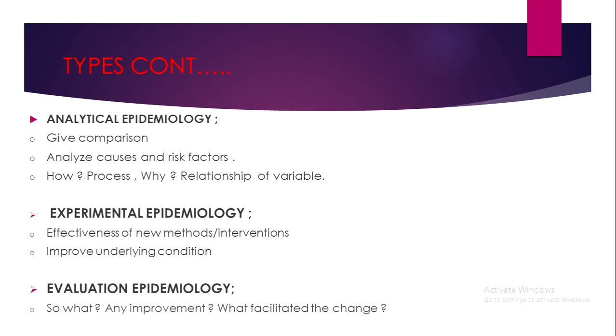Now the other is evaluation. Evaluation asks: did any improvement occur, and what facilitated the changes? So evaluation epidemiology is done either by the end of your study or in between your study.